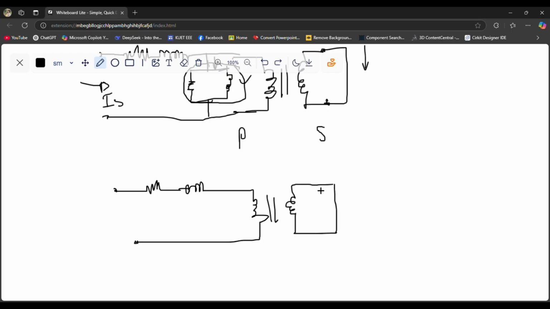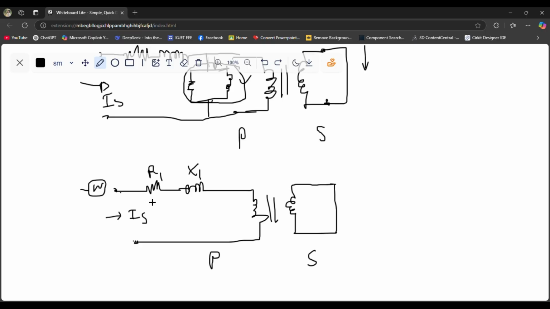Secondary is shorted. Let's say this is R1 and this is X1. Another important topic is that when I flow the current Is in this side and measure the power with a wattmeter, this wattmeter will measure the power consumption in both the primary side and the secondary side.